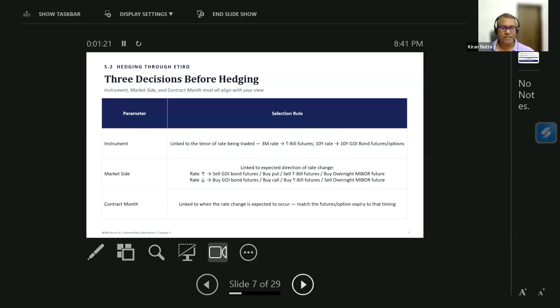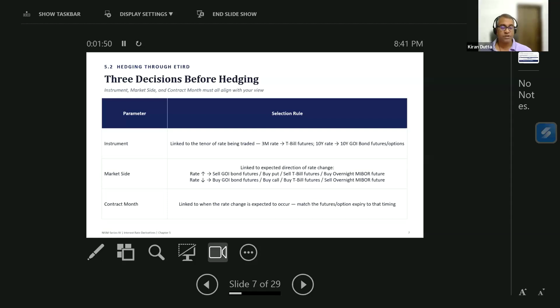Primarily, what is the instrument? Primarily T-bills and the 10-year GOI. The whole exam focuses mostly on only these two, and especially on GOI bond futures. We need not study the other instruments, like certificates of deposit, commercial paper, and repos.